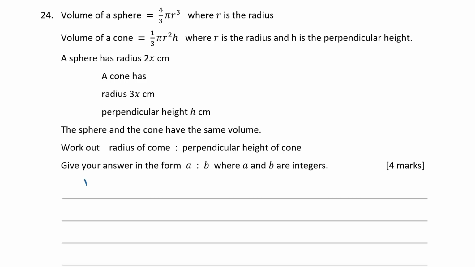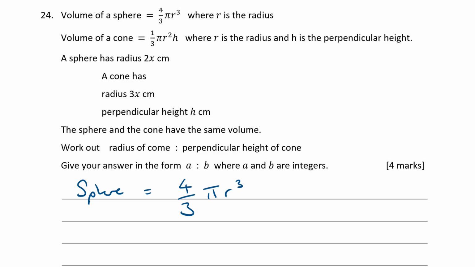So, for the sphere then, we know that the volume is 4/3 pi r cubed, and for the sphere here we've been given a radius of 2x. So we're going to sub that in. So that is going to be equal to 4/3 of pi times 2x all cubed.